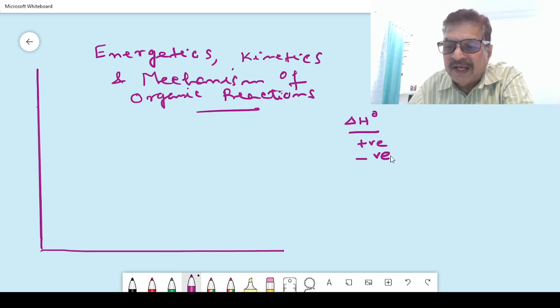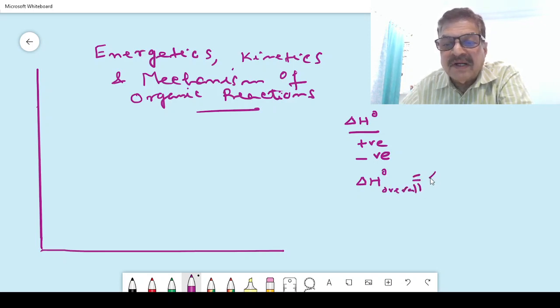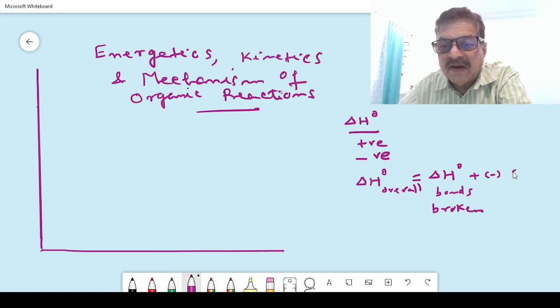Now the overall energy change, the enthalpy change, delta H overall, is the sum of the delta H of all bonds broken and the delta H of all bonds formed.